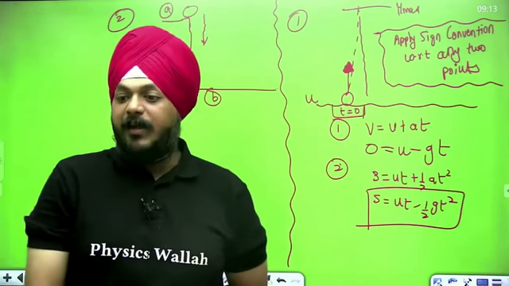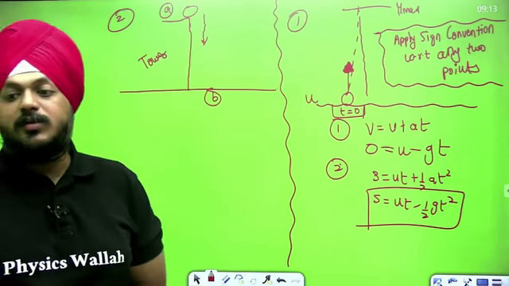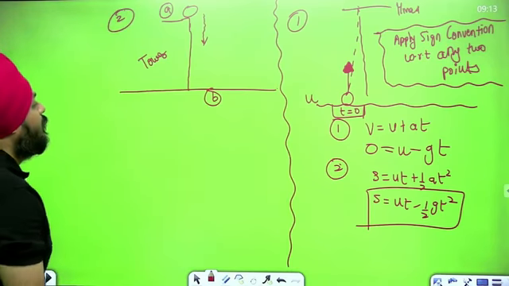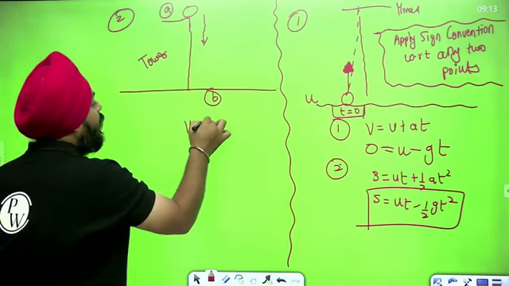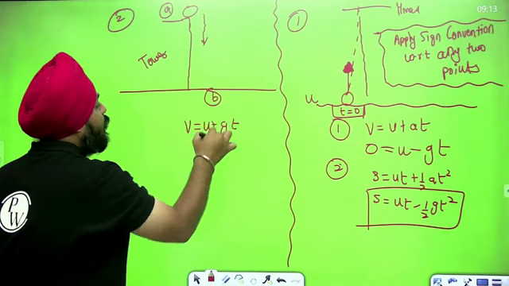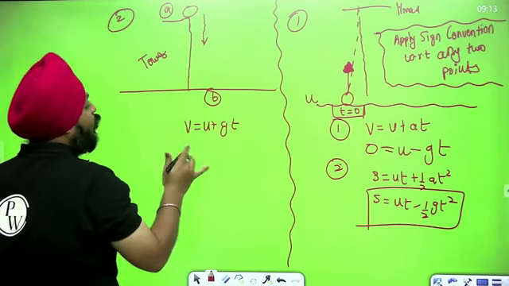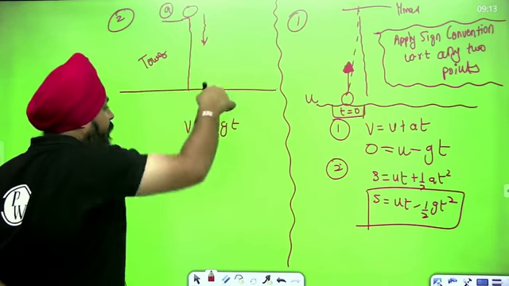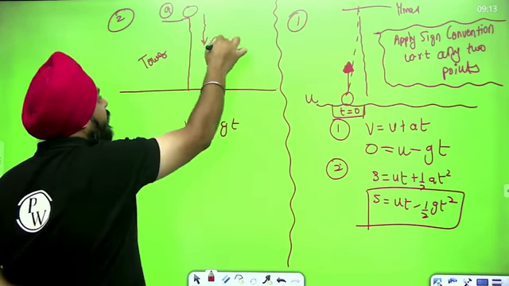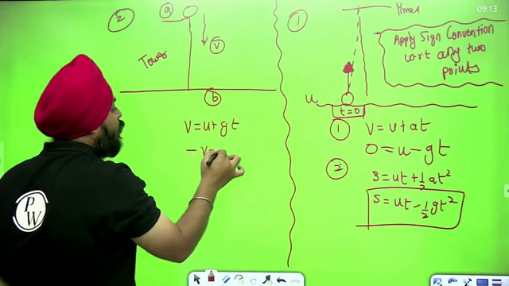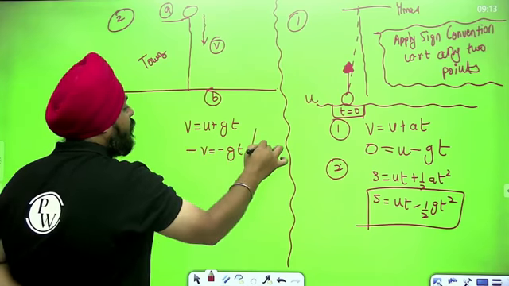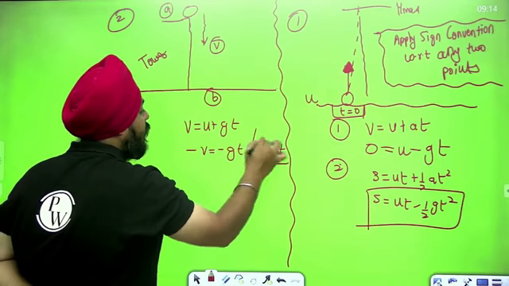So what is going to happen here? v is equal to u plus at, where a is negative g. u is 0 because it is dropped. v will be negative because v is acting in this direction. So v is equal to negative gt.